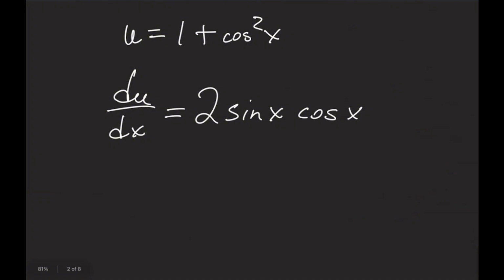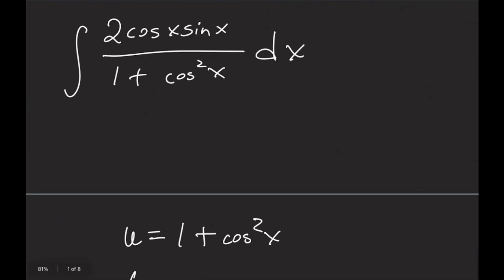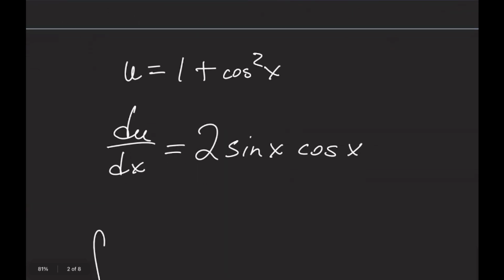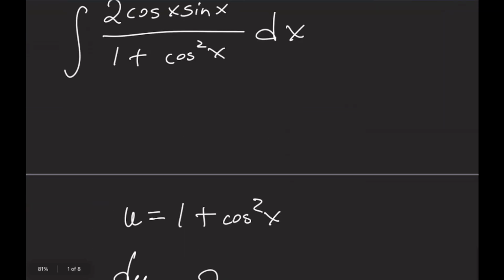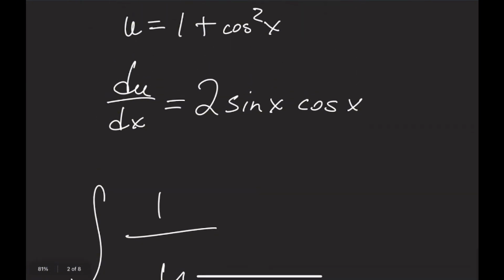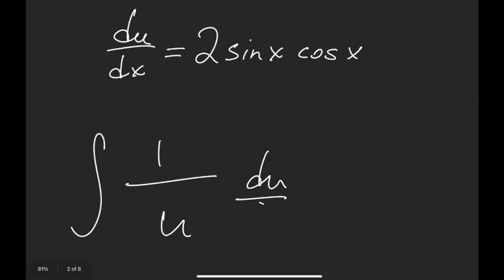And so now we have du/dx, right? So we're going to rewrite this entire problem as 1 over u, because u is 1 plus cosine squared, then we have du/dx right there, multiplied by dx.